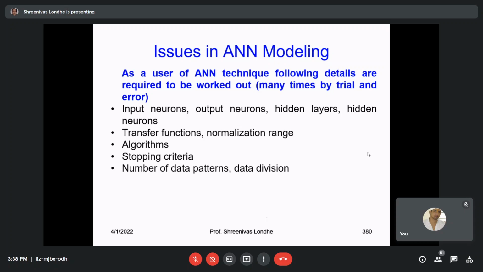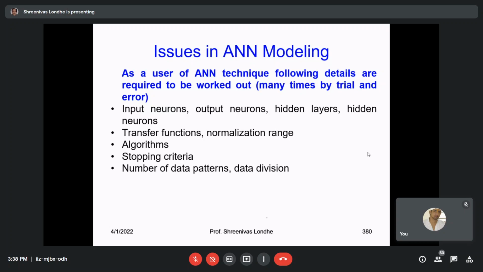What type of transfer functions? What type of normalization range? -1 to 1, or 0 to 1? What type of algorithms? How to stop training of a neural network: through iterations, through epochs, or through validation, or through the performance function for a particular data, for a particular application? This needs to be decided.